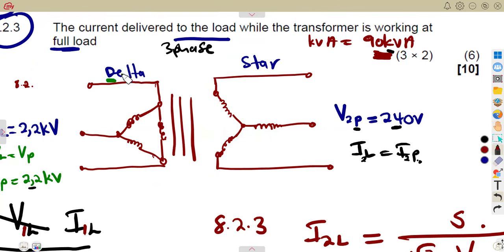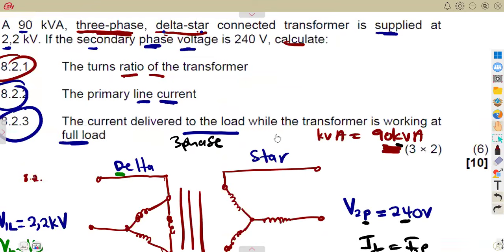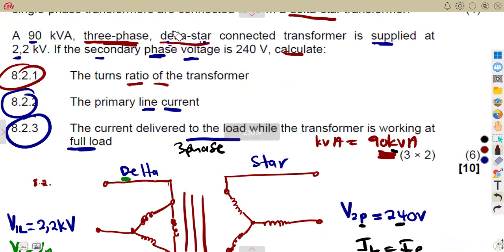Whatever you are given, the first part is your primary side and the other part is your secondary side. So the way that you are given it here tells us this is the primary and this is the secondary side of that transformer. That's how we answer these typical questions. We shall see typical questions of this nature, so that you understand how these questions are given and how you should expect them to be asked in your typical exams.